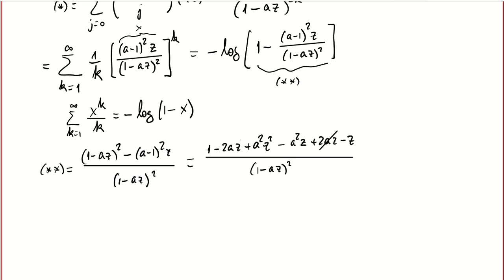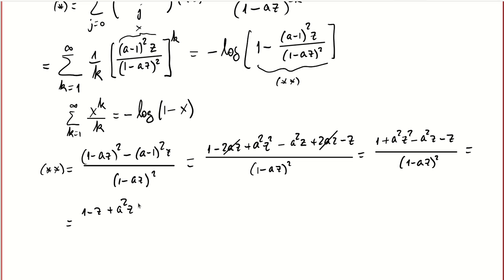This cancels with this, and then we have 1 plus a squared z squared minus a squared z minus z, over 1 minus az squared. Look at the numerator here. We can write, of course, 1 minus z, and then we have two other terms for which this is a common factor, so we write a squared z times z minus 1.